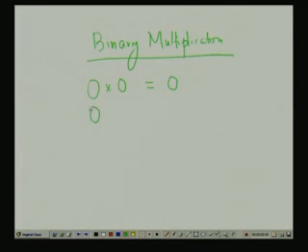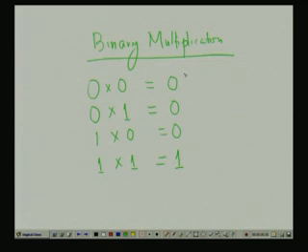Then 0 into 1 is again 0, then 1 into 0 obviously will be 0, and 1 into 1 is again 1. So only this multiplication is different, and the addition will be just the binary addition we have defined, that we have to do.